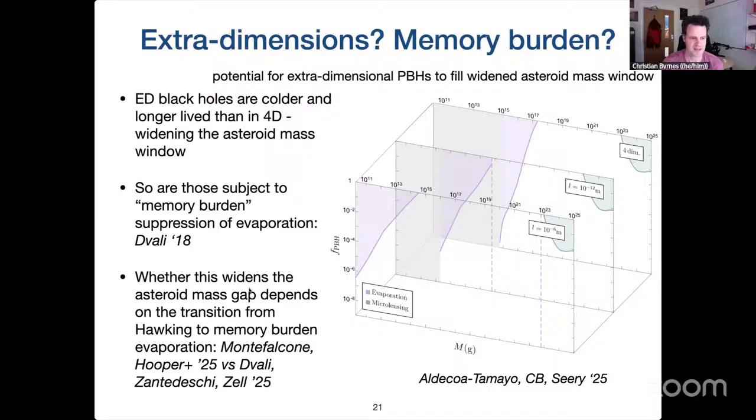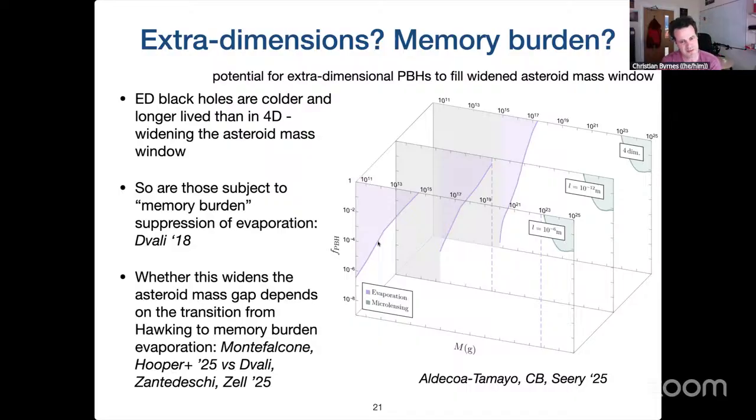In terms of the memory burden, again, a very interesting, relatively new idea. It's to do with entropy arguments. The argument is that once you've emitted more than half the mass of the black hole, it's entropically no longer favored to evaporate quickly, and hence the memory burden basically slows down the evaporation a lot.